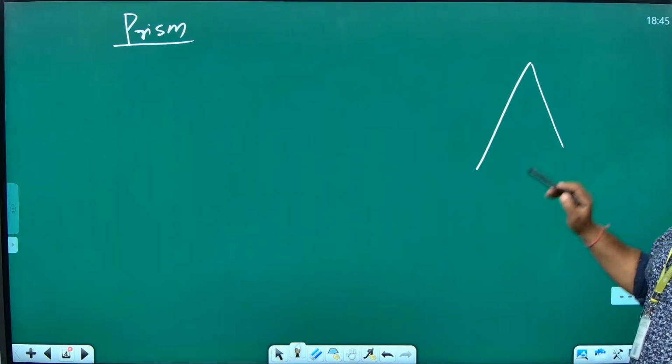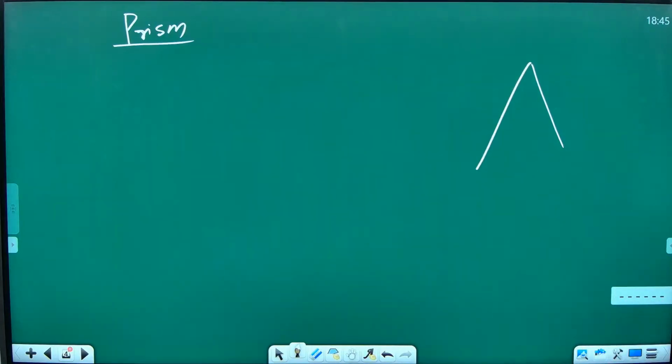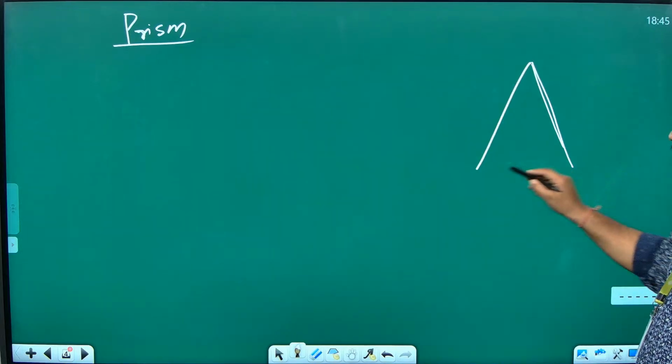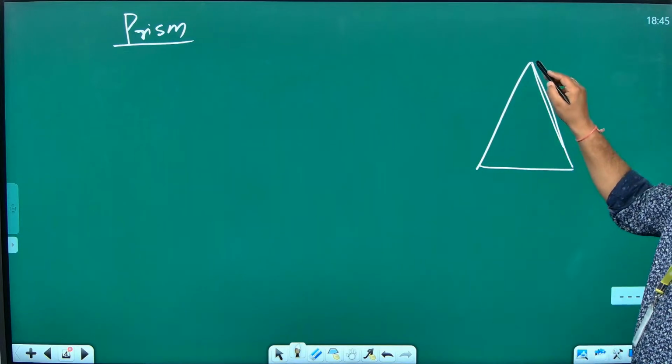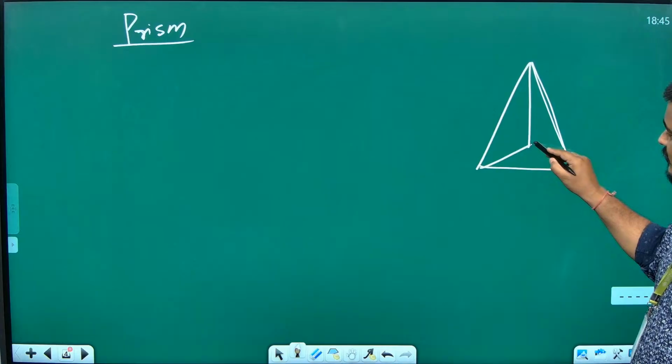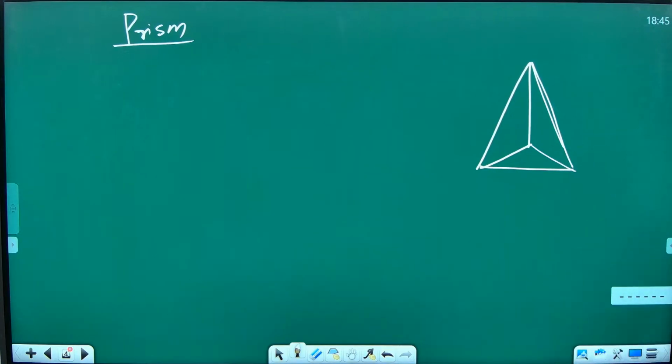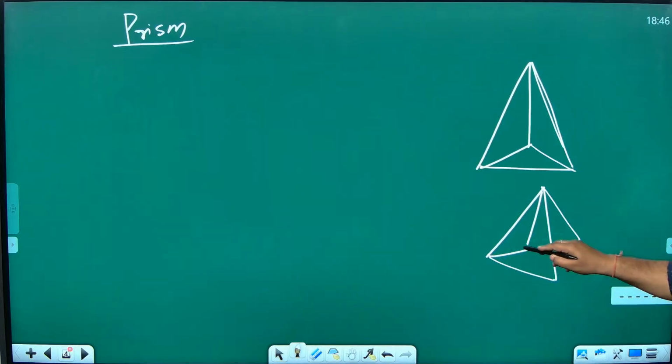I am drawing some diagrams here. Okay. You will say whether it is a prism or not. Is it a prism? Obviously not. Prism? Prism?